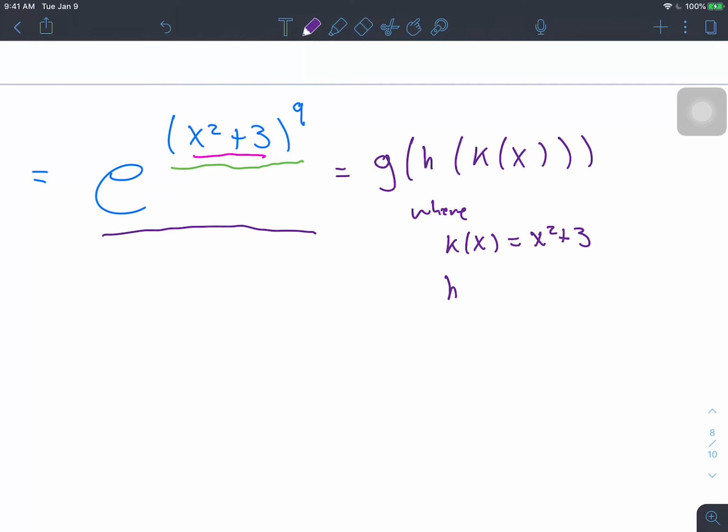Someone tell me, what is h of z? Z to the power of 9. And the bottom function, g of y, we'll make it y. No, let's not use y, let's use t.